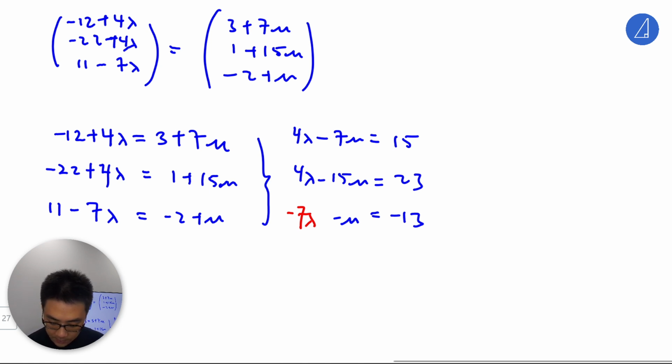So this gives you lambda equals 2, mu equals -1.